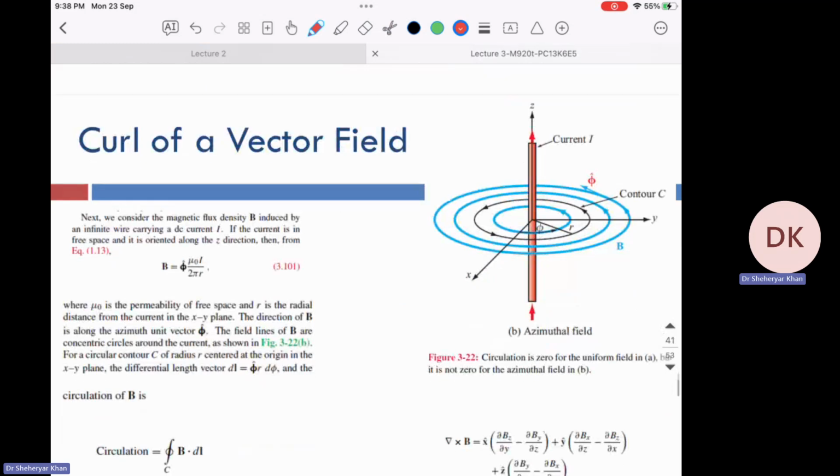Now the magnetic field is circular. How can I apply the length from the Cartesian system? Because it's circular, and the length on a circle, we learned from the system, is actually along the phi axis.